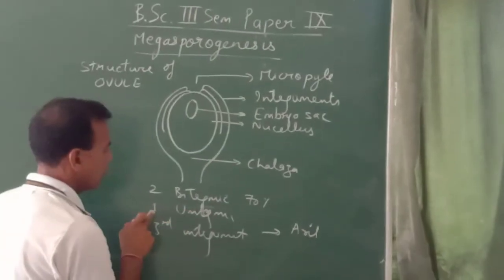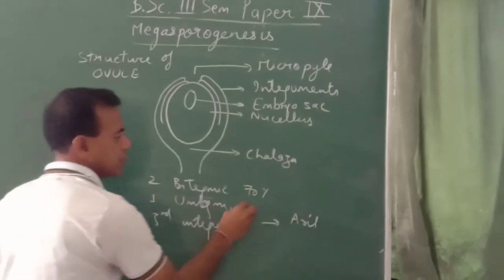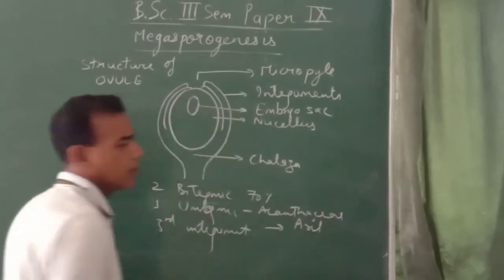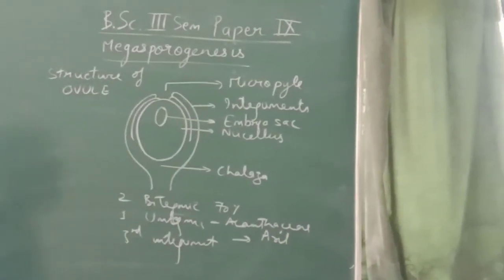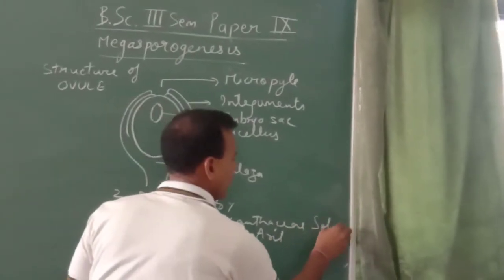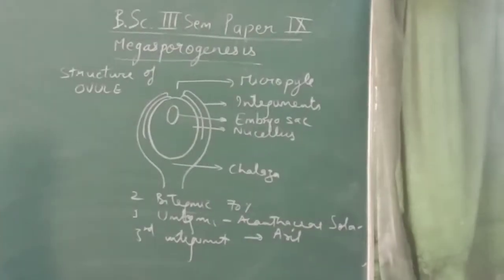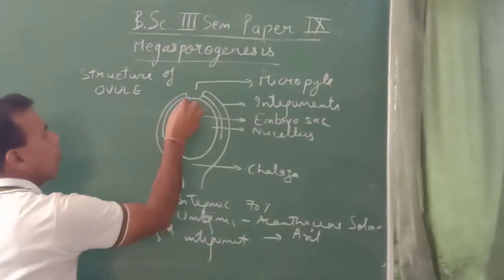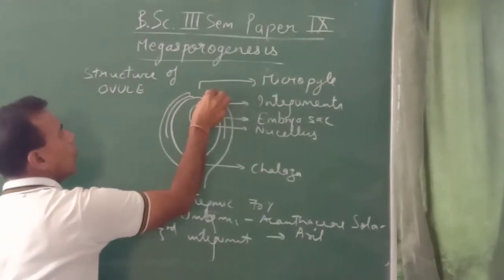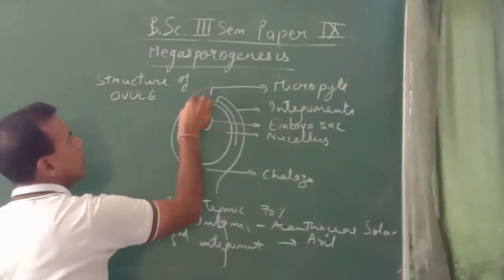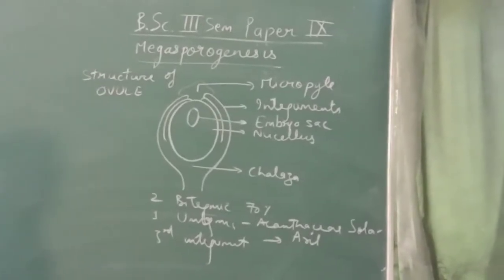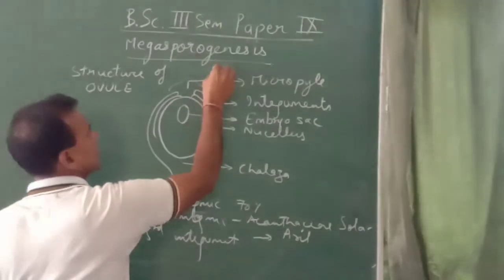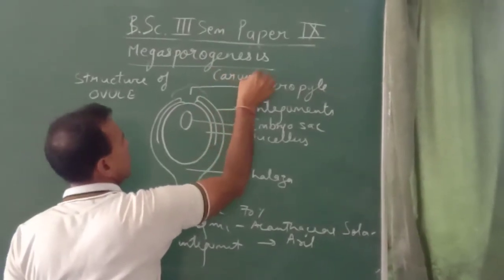This one integument condition is found in families like Acanthaceae and Solanaceae. Now, in Euphorbiaceae, sometimes an outgrowth is formed on the upper side of the micropyle, which is known as caruncle.